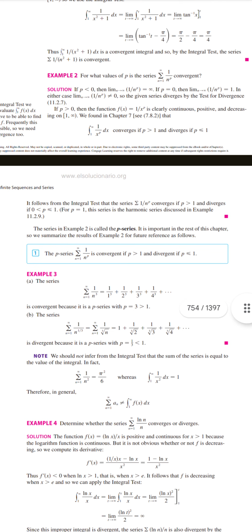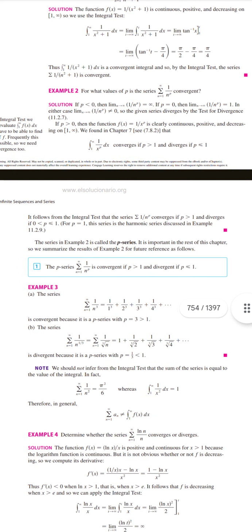It follows from the integral test that the series, the sum of 1 over n to the power P, converges if P is greater than 1 and diverges if P is less than or equal to 1 but greater than 0.